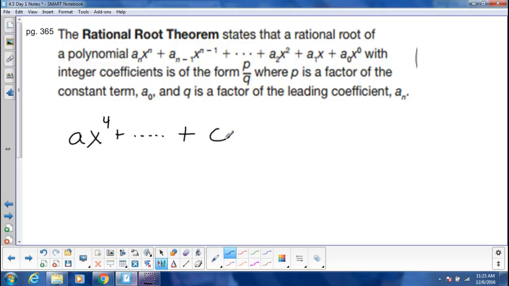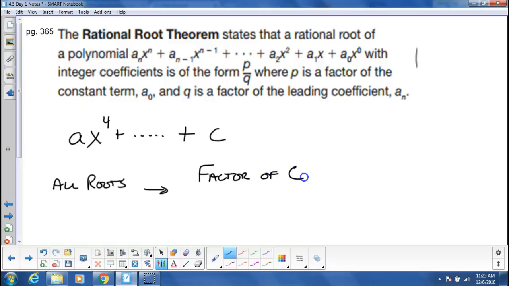So if we have that, all of the roots, all of the solutions, all the zeros, etc., will be of the form some factor of c divided by some factor of a.